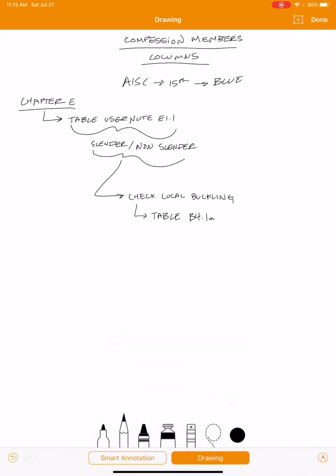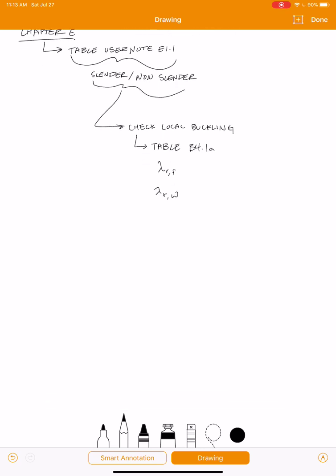And so from that table, you'll pull off your lambda r equations, and you'll solve for lambda r for your flange and for your web. And then from your section, you can get your lambda for your flange and lambda for your web, which you're going to pull from table 1-1 for your I section.